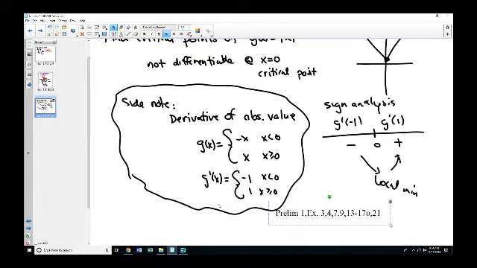There's not very much. Again, you're practicing derivatives and finding critical values. What lesson is this from? It's 4.2. 4.2?